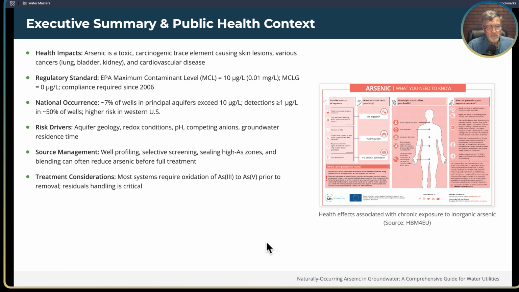The risk drivers: aquifer geology, redox conditions, that's reducing and oxidizing conditions, pH, which controls a lot of these things all the time. If you've seen some of my other videos, you see where pH really affects the mobilization of some of these constituents. With arsenic, also competing ions and groundwater residence time.